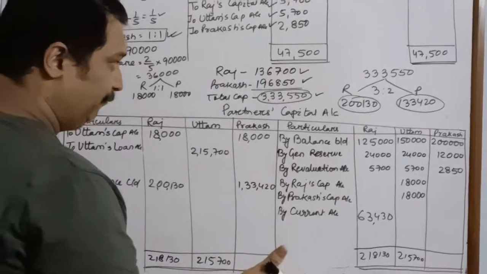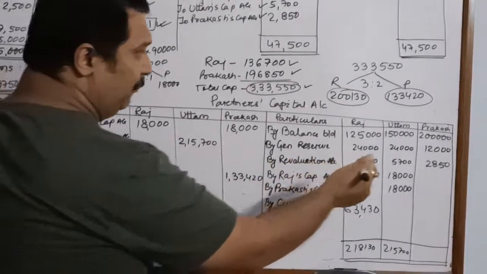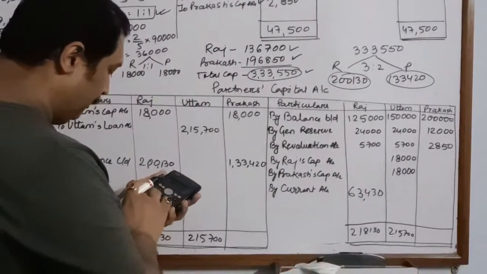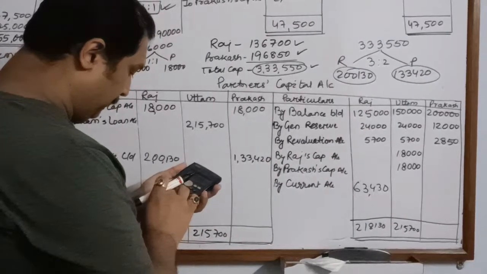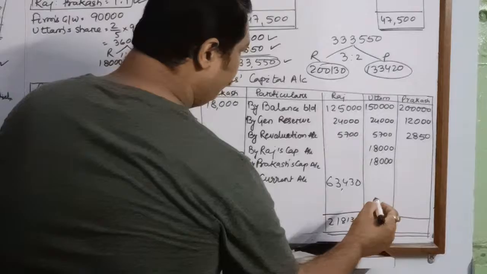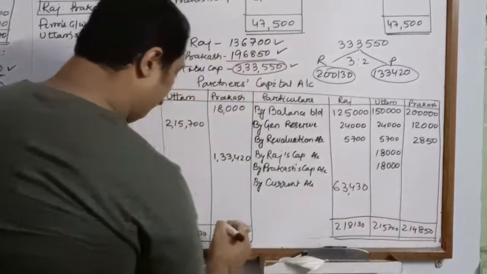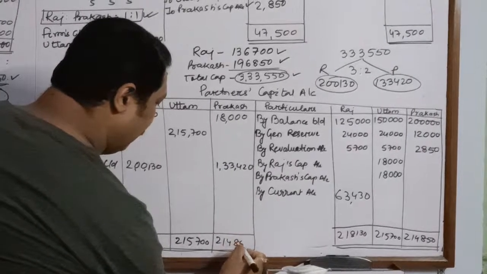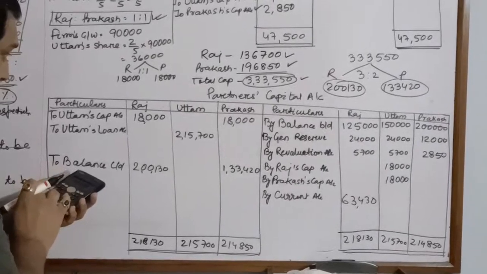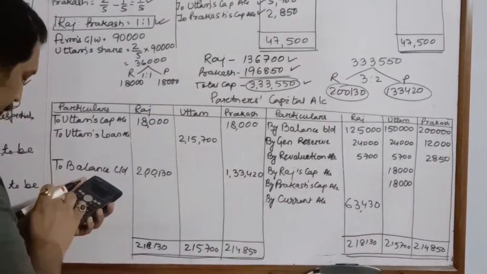Similarly, if you check Prakash, this side is only nearly 1,50,000 something, whereas only one item is of 2 lakh. So the credit side of Prakash is more. It is 2 lakhs plus 14,850, which we will write over here, 2,14,850, and we'll subtract these two items, minus 18,000 minus 1,33,420.